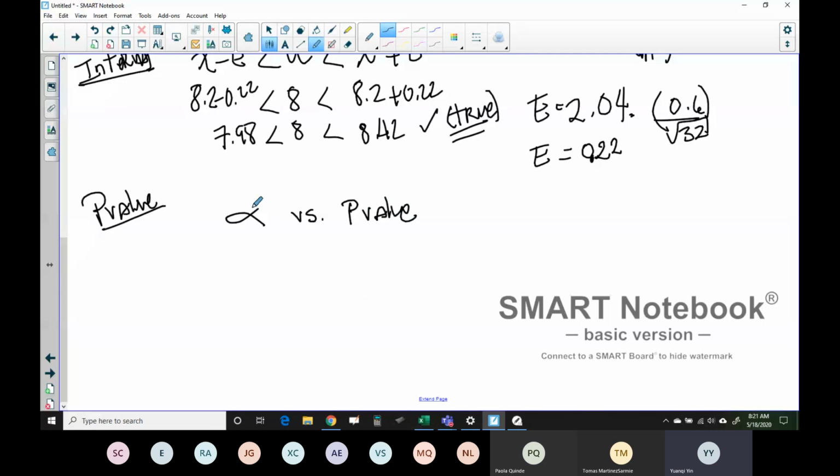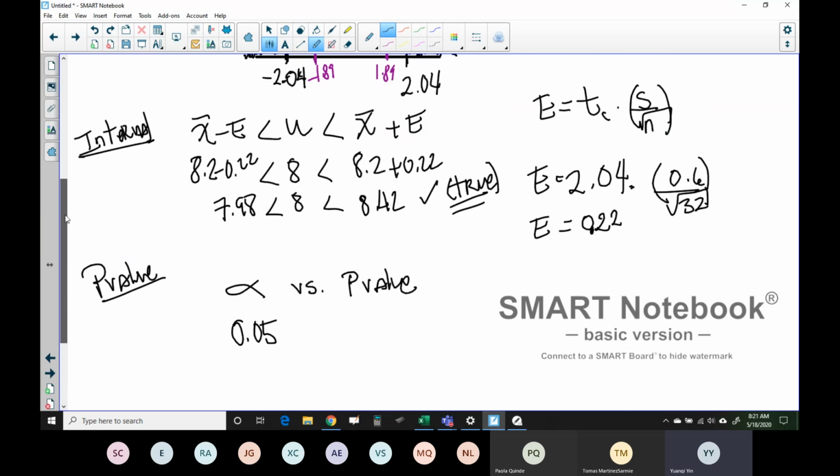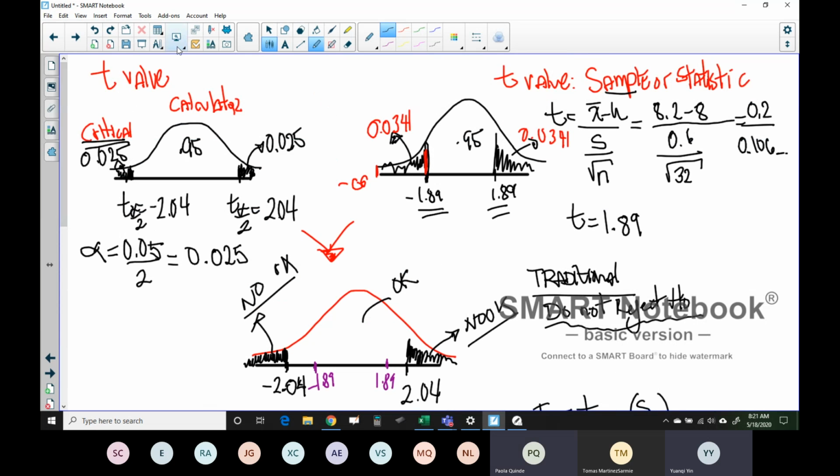Do you remember what the alpha was for this problem? 0.05. And we're going to compare it to the p-value. Can anybody indicate to me in these two pictures what the p-value is? 0.0341. Yes, this is the p-value.